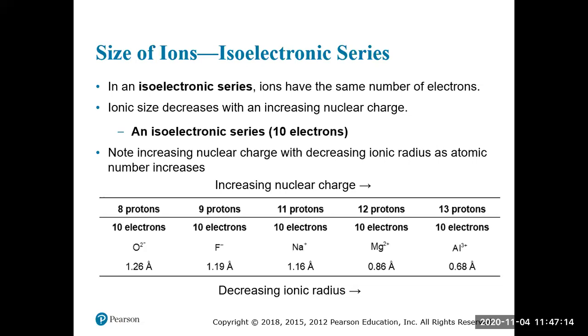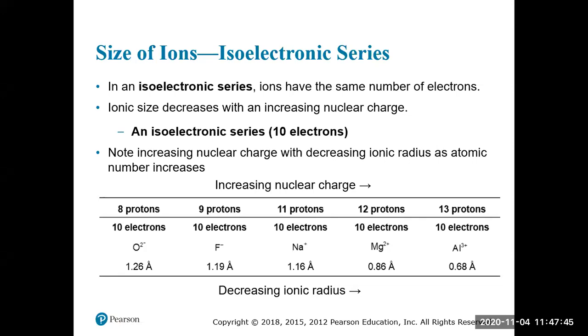So you can think of it as you have more positive charge in that nucleus. And so you're going to have more attraction of those electrons, more tightly bound to the nucleus. And so that results in the size of the ion being smaller. Even though the electrons are the same, that stronger positive component, because of the additional protons, causes things to compress. It's probably the easiest way to think of it.